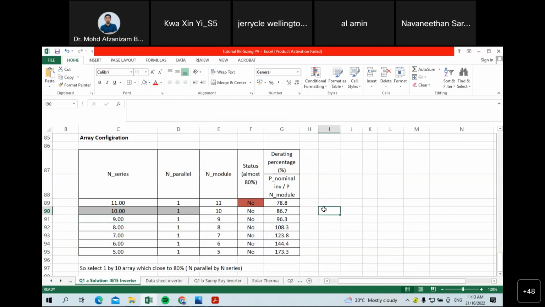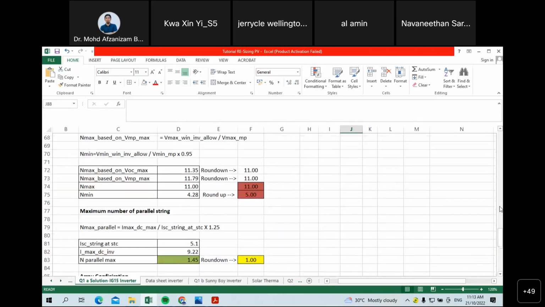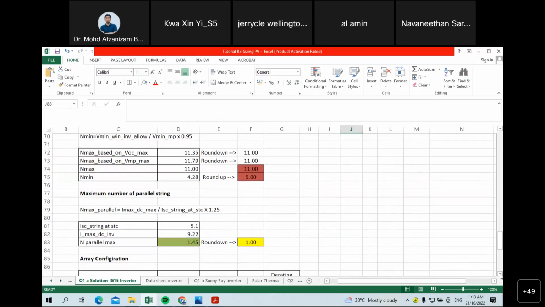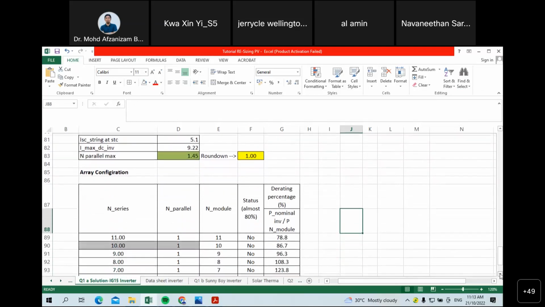Okay, let's say we already completed this calculation, and yet how to determine the appropriate arrangement of PV? Based on your understanding, what and why should we take the answer?